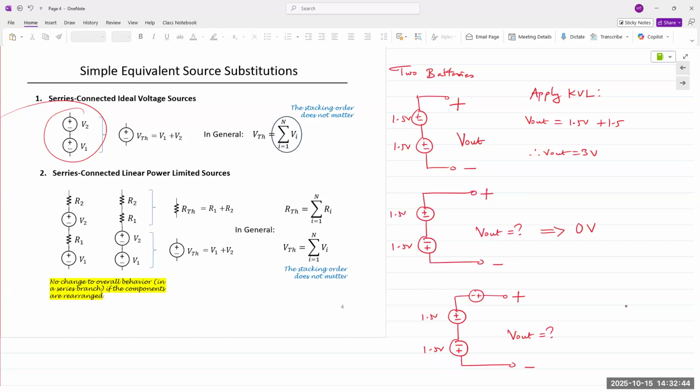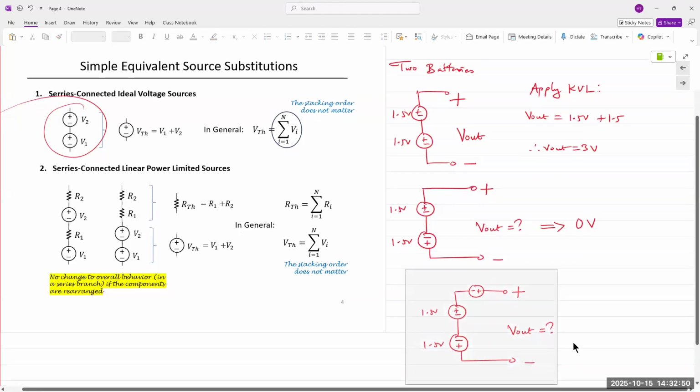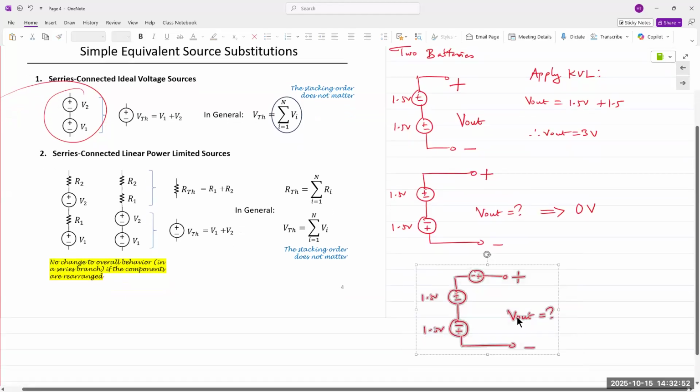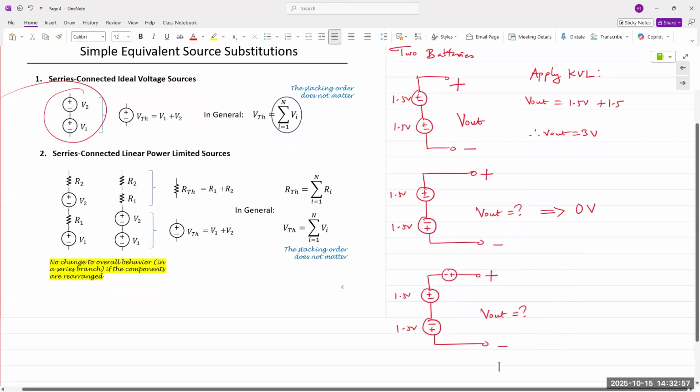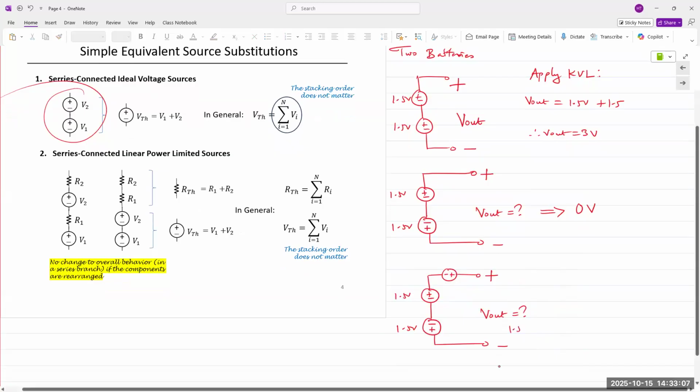What's V out now? I had 3, I had 1.5. Only one is correct. It is 1.5.